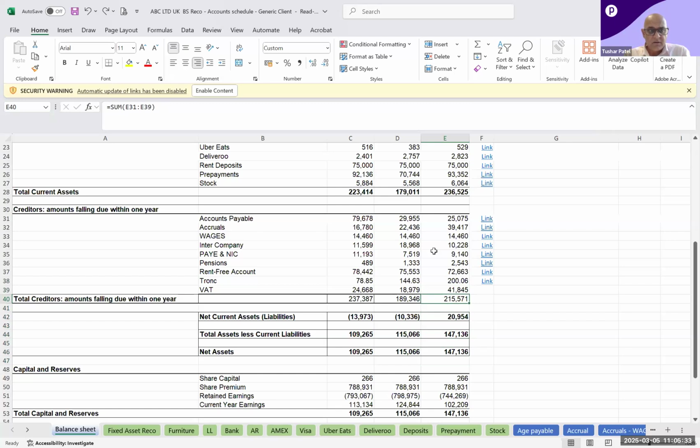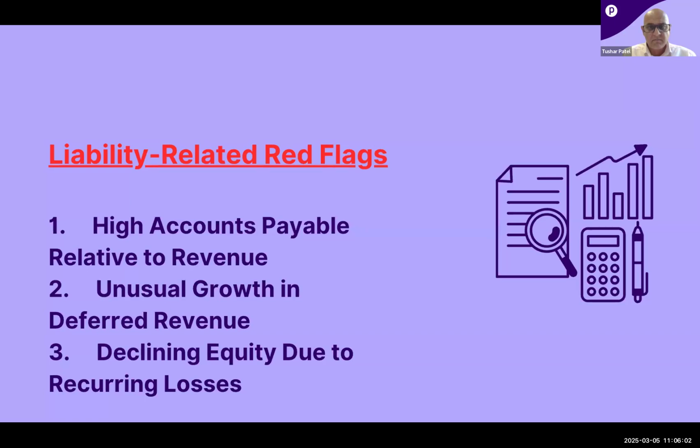They would sit under longer-term liabilities if they were payable in more than 1 year. The other amount that would sit here would be any directors' accounts, where the directors have either loaned the business money or taken money out to repay their loan. That wraps up the liability section, and over to Adhika to highlight some red flags for you.